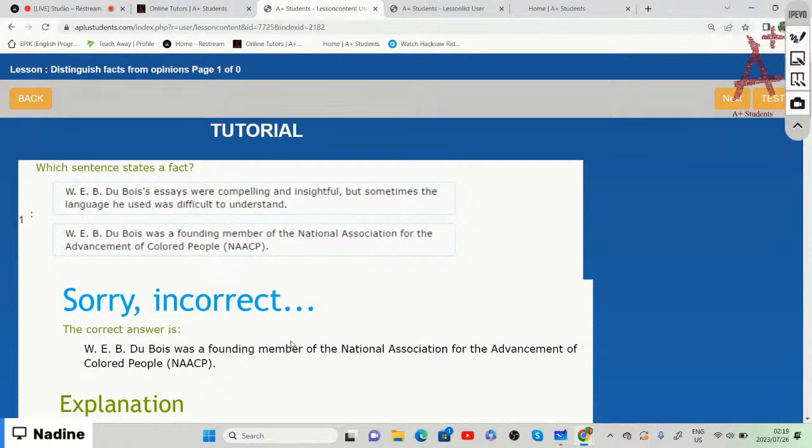That is someone giving their own opinion on what they have read so far about his essays, right? Saying that the essay is insightful, however, it is difficult to understand, right? Which means that it is difficult to understand for that specific person that is reading, right? So that is an opinion.